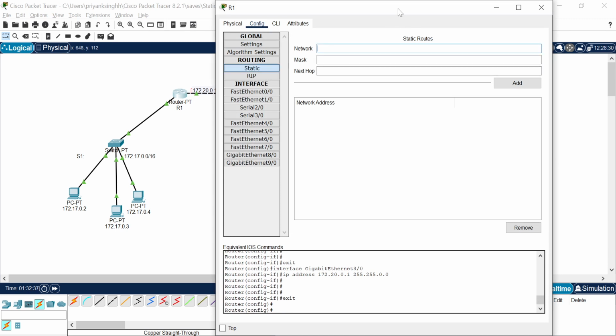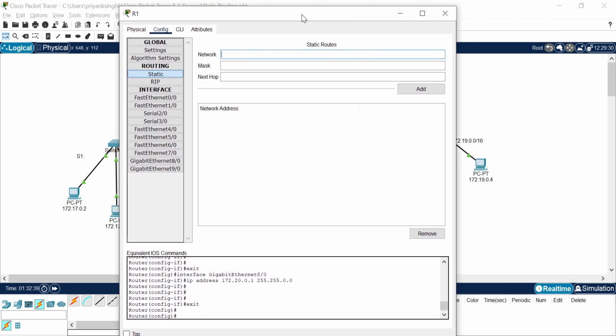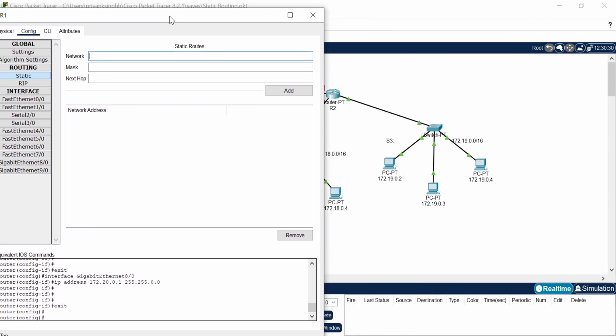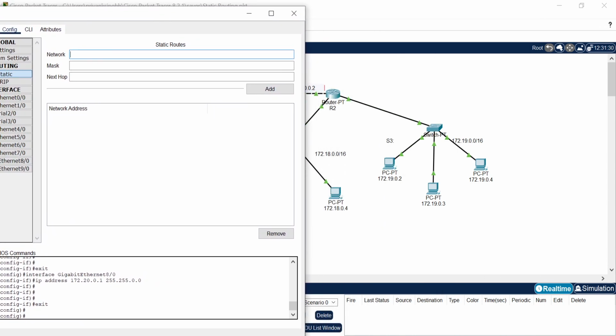Let's have a look at static routing entries. First of all, I have to mention the destination network ID. I have entered 172.18.0.0 as a network ID. Because this is a class B IP address, I have to enter 255.255.0.0 as the mask.